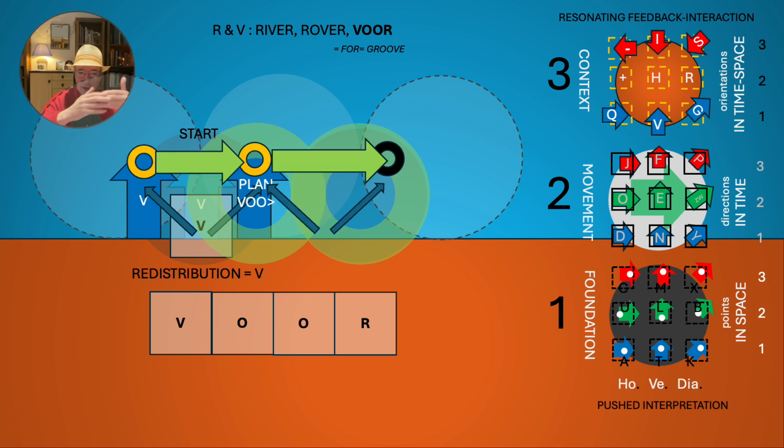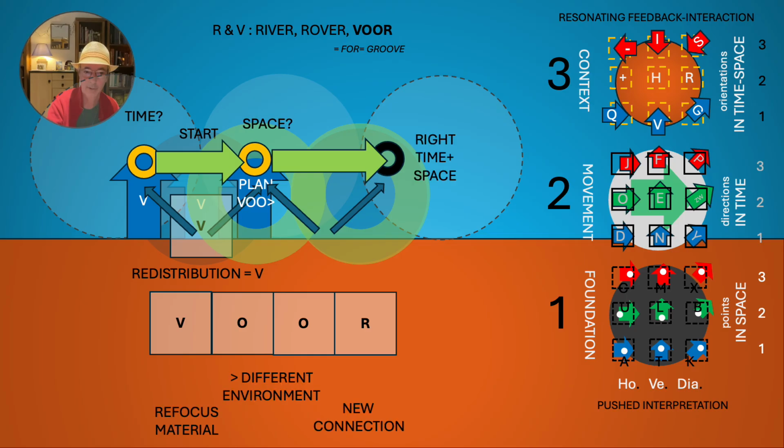And the R will connect these points, so it also connects these ideas of space and time, so that I can have the right time and a right space for this planning of VOOR, of redistribution, so that I can plan it and do it somewhere. I will act for it somewhere.